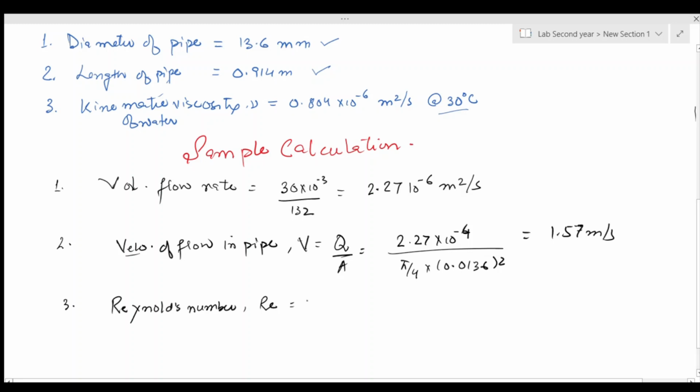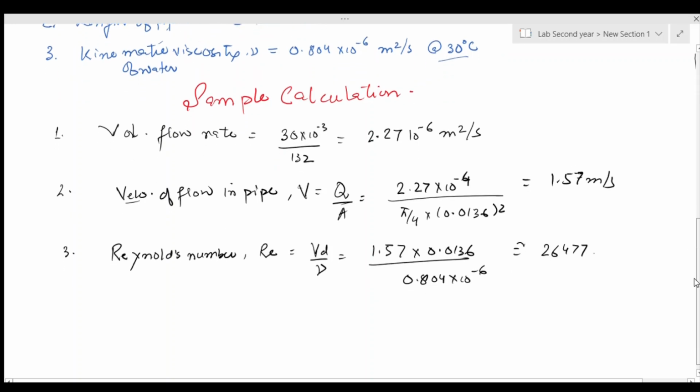So Re would be V D by mu, so that would be 1.57 into 0.0136, the diameter, divided by the viscosity, and this would come out to be 26477, approximately. So this is my Reynolds number.